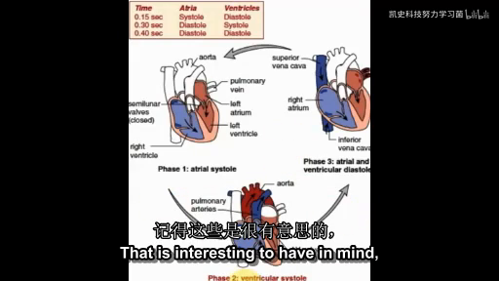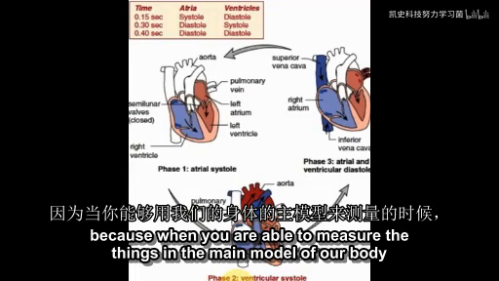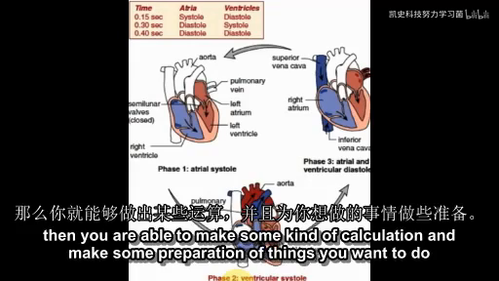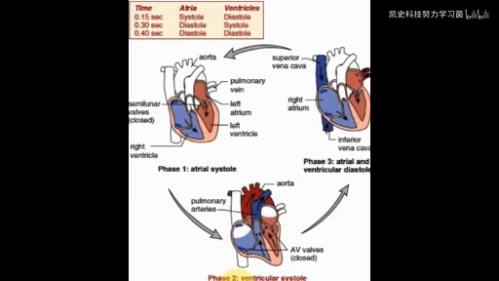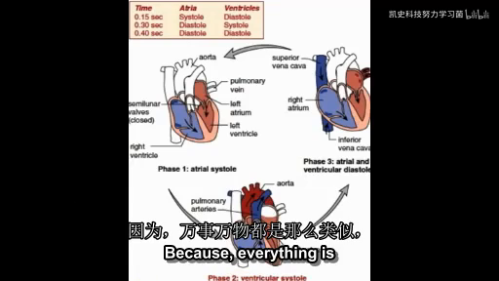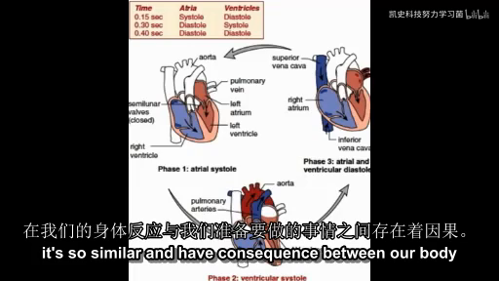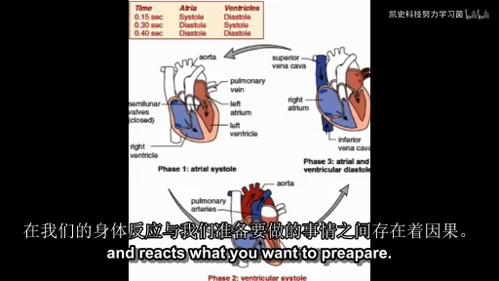That is interesting to have in mind, because when you are able to measure things in the model of our body, then you are able to make some kind of calculation and prepare the things you want to do, because everything is so similar and there is a connection between our body and the reactors you want to prepare.